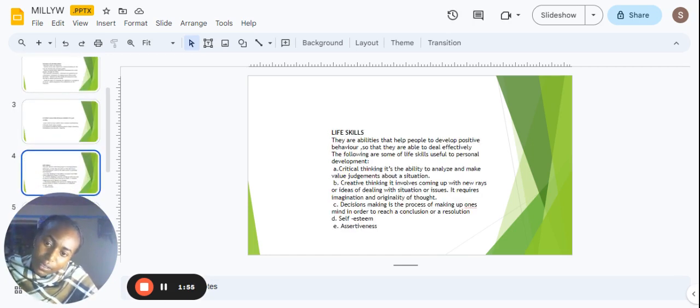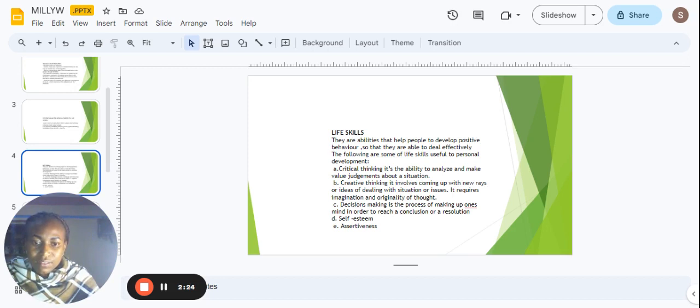Let's look at life skills. What are life skills? These are abilities that help people to develop positive behavior so that they are able to deal effectively. The following are some of the life skills useful to personal development, life skills that can develop you individually. We have critical thinking. This is the ability to analyze and make value judgments about a situation.